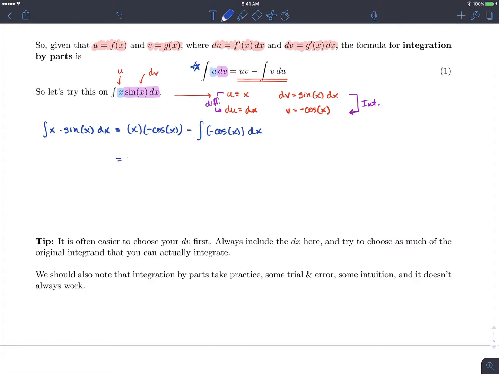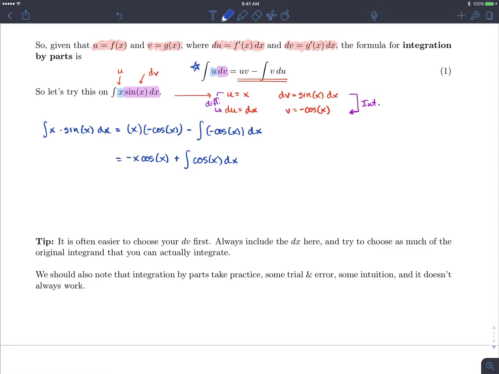I'm going to rewrite this as negative x cosine of x, and then I'll pull that negative out front to make that plus the integral of cosine of x dx. Integration by parts is always going to require us to deal with this extra integral, the integral of v du. Hopefully it's something that we can handle.